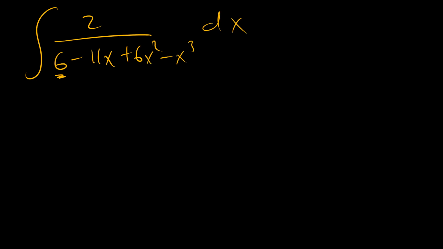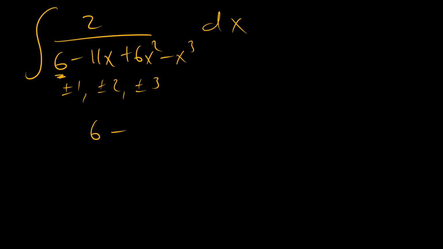Looking at the lowest degree here, degree 0, we have the multiples. So we can choose to substitute in positive 1, and we see 6 minus 11 plus 6.